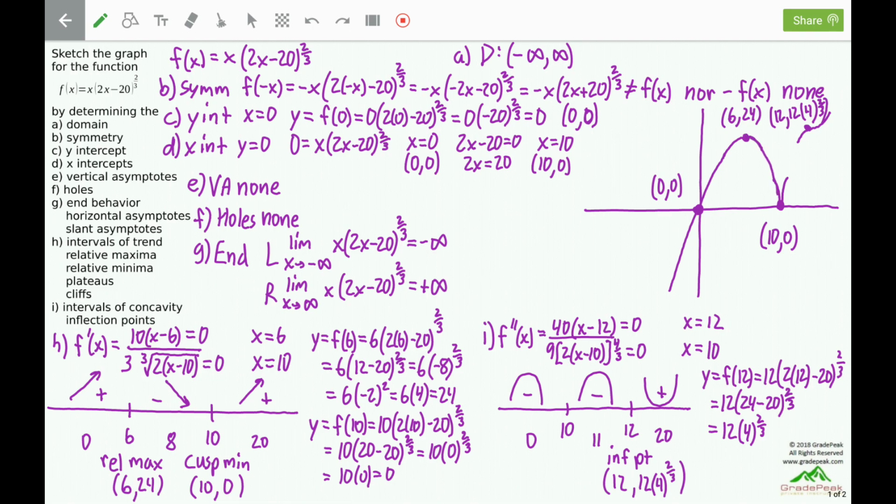So that'll be like so. It's still concave down, but it's increasing on the right side of the cusp minimum until we reach the inflection point, at which point it's going to change over to being concave up and increasing right at this point here.